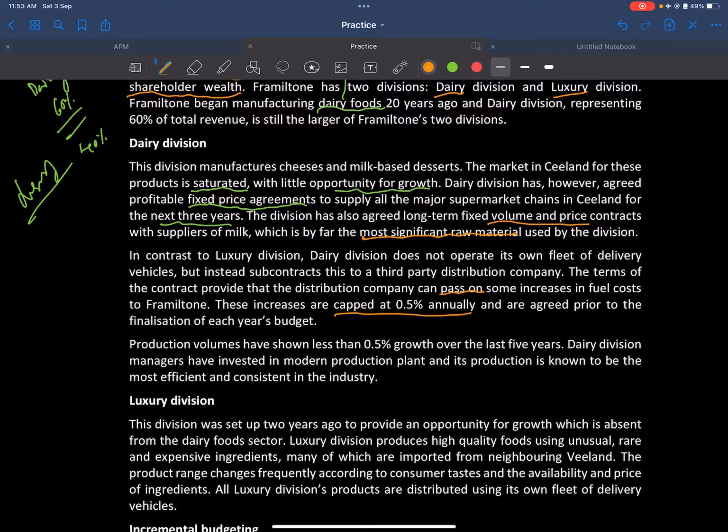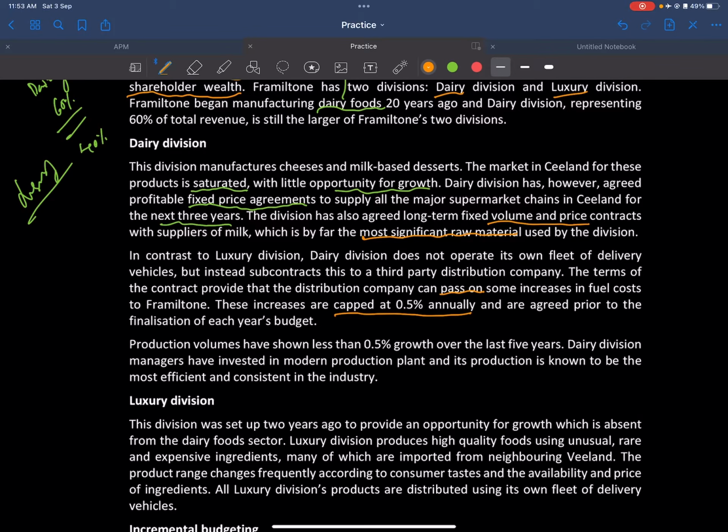So you see the very definition of incremental budgeting is what? Incremental budgeting is basically you're incrementing the previous year's budget by a set of inflation figures, right? And it is also adjusted for any known increases in revenue or costs.